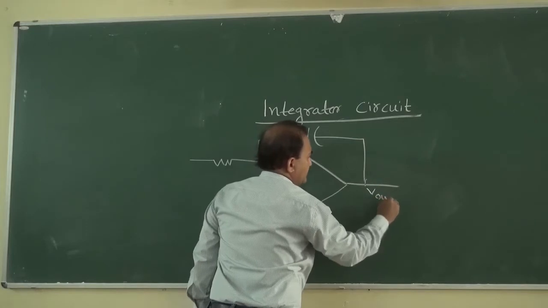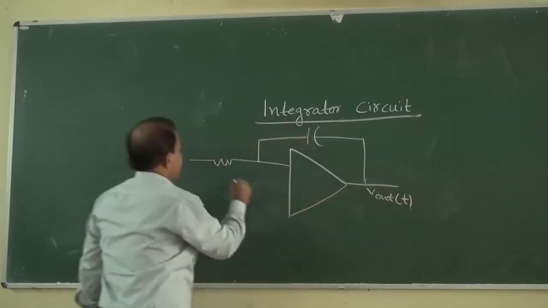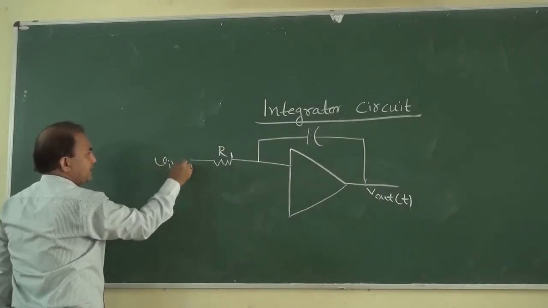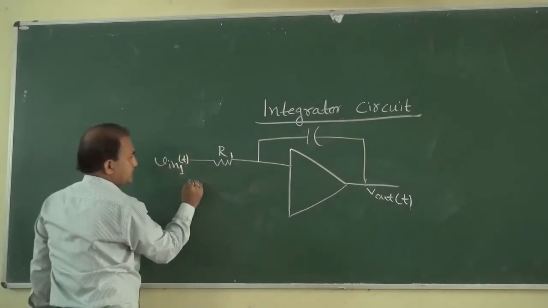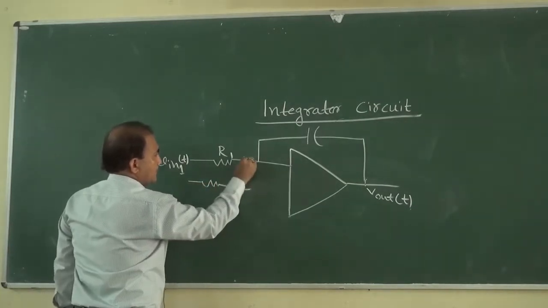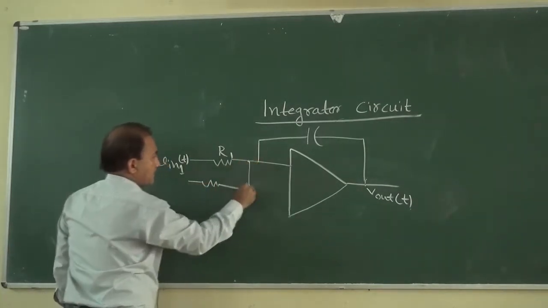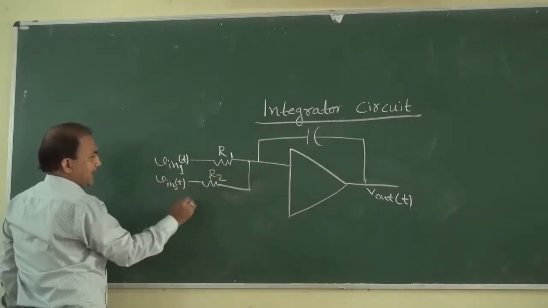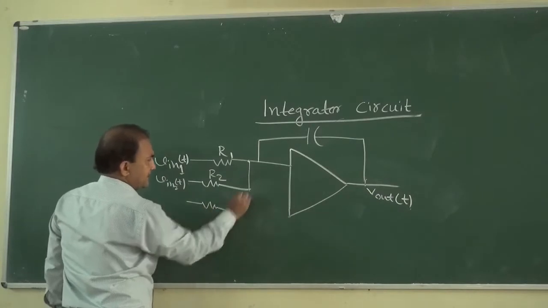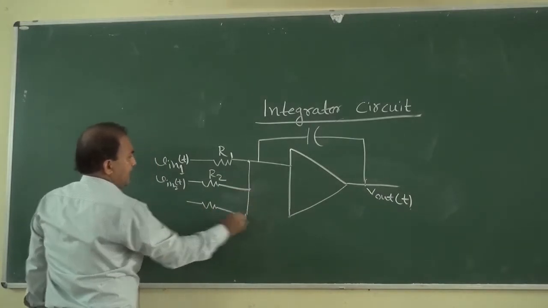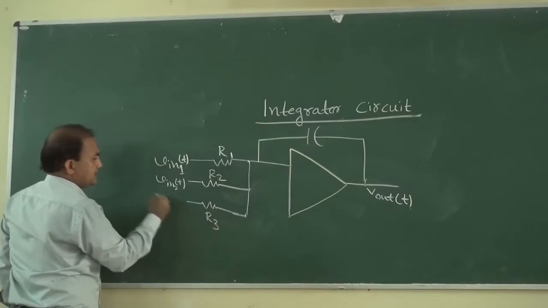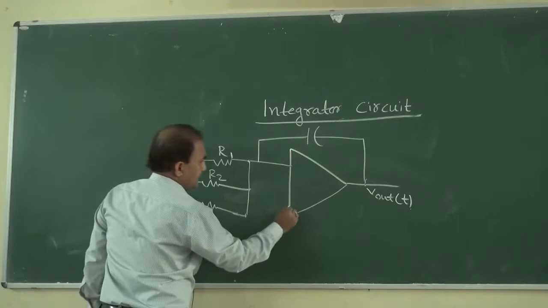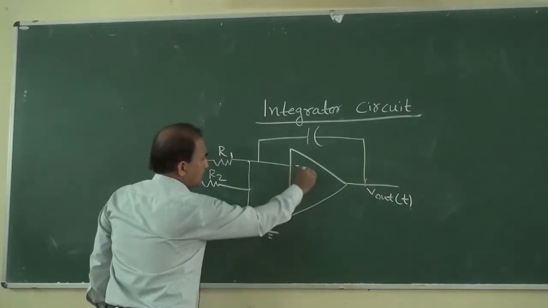Suppose this is V out T, and say this is R1 and this is V in 1 T. This is R2 and this is again V in 2 T, and say this is resistor R3 and this is V in 3 T, and it is connected to ground.